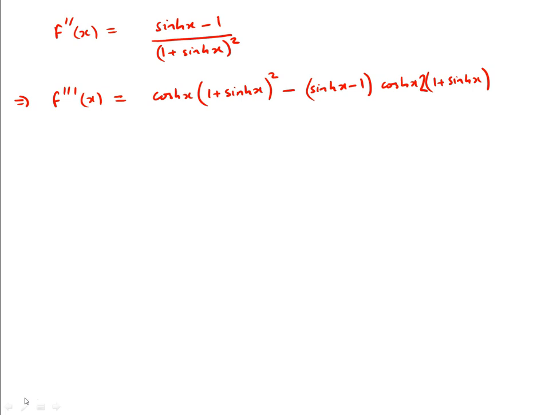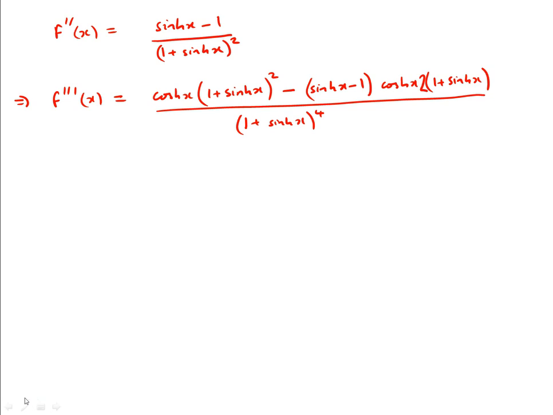So that's the numerator of my third derivative. The denominator is going to be v squared, so that is 1 plus sine x squared squared. In other words, 1 plus sine x to the power 4.